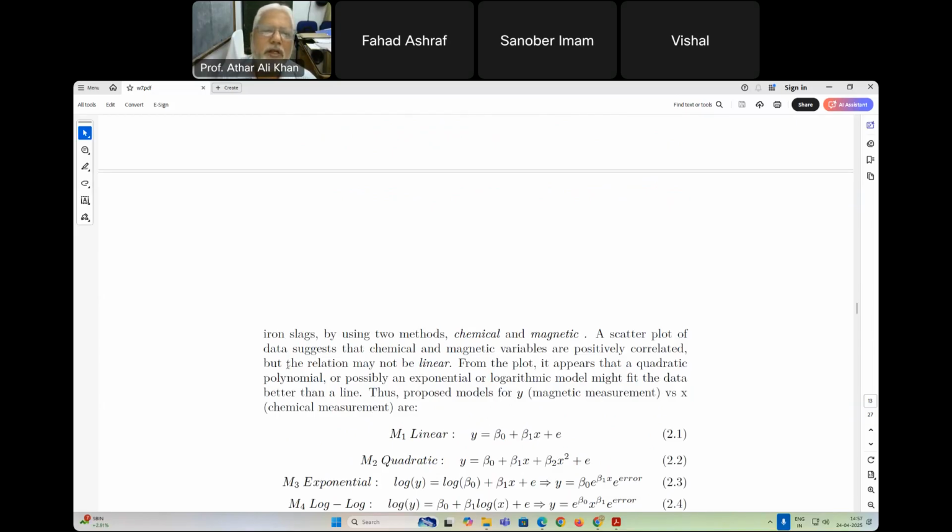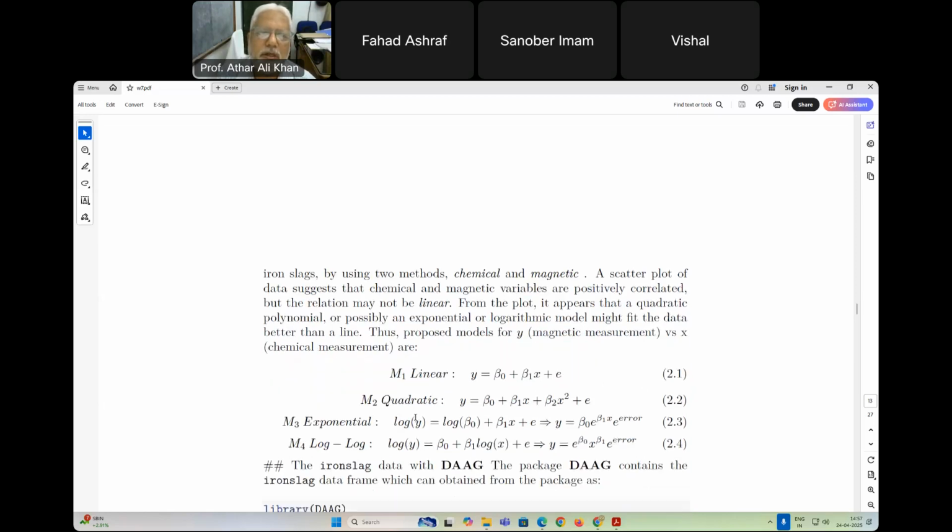A scatter plot of the data suggests that chemical and magnetic variables are positively correlated, but the relationship may not be linear. From the plot, it appears that a quadratic polynomial or possibly an exponential or logarithmic model might fit the data better than a line. Thus, the proposed models for Y, magnetic measurements, versus X, chemical measurements, are here.